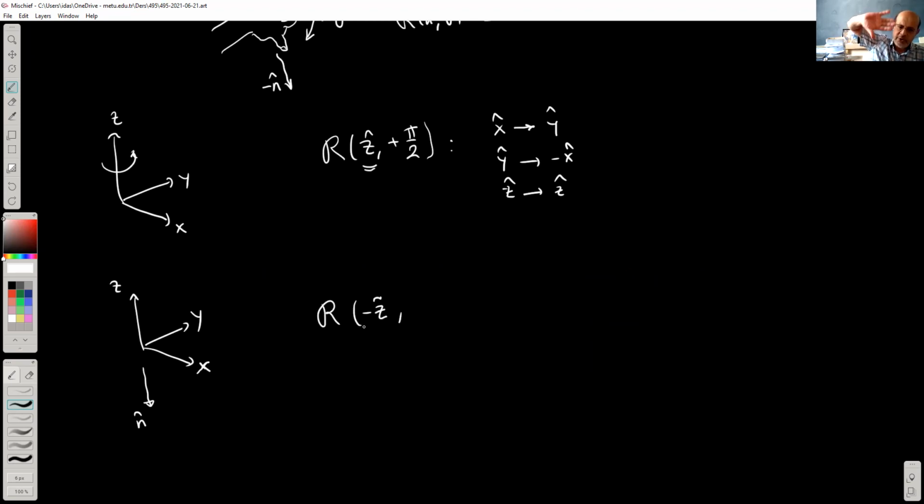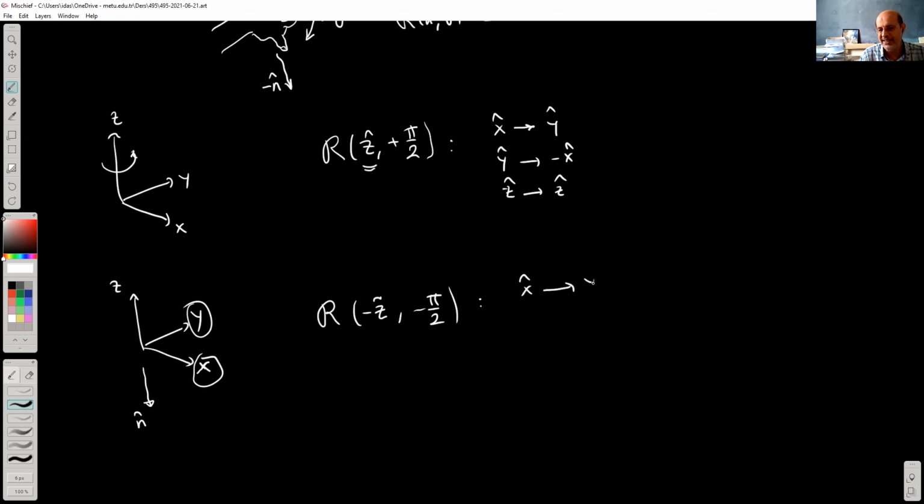But try to imagine this rotation in here. This is a rotation that carries the x-axis into y. So therefore, this is a negative rotation, right? So that's a minus pi over 2 rotation. Try to actually understand what I'm trying to say in here.